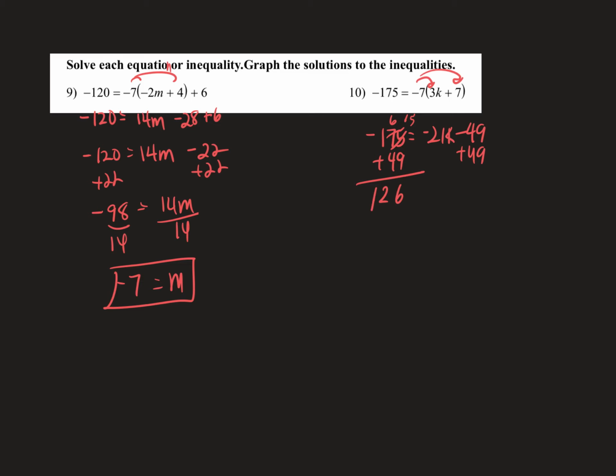And bring down the 1. So negative 126 equals negative 21k. 21 times 6. Is that 126? Yes, it is. So divide by negative 21. K will equal positive 6. So k is 6.